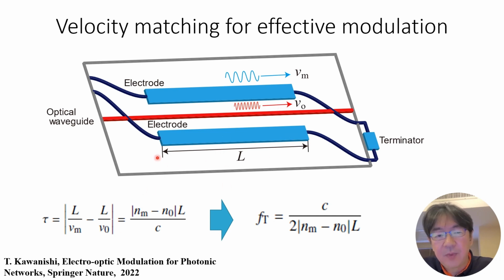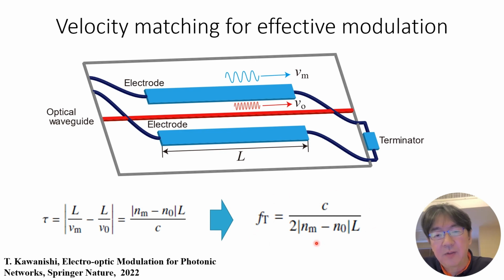Propagation delay along the modulator will be described by this equation. Here is the difference of the effective refractive indices for the electric signal and the optical signal. In other words, the speed of the electric signal and the light wave signal.